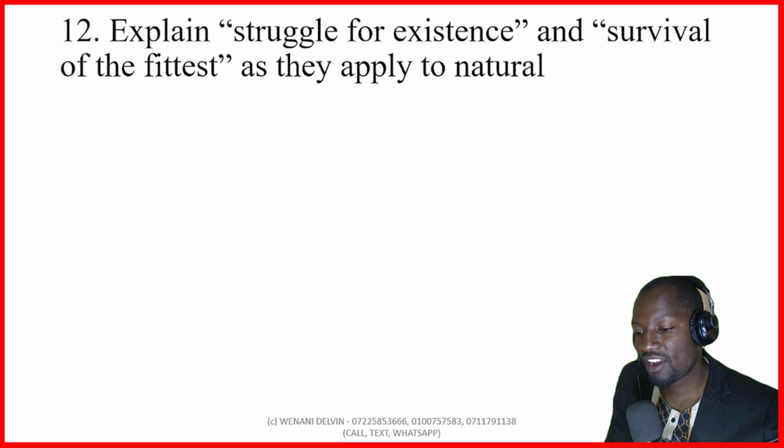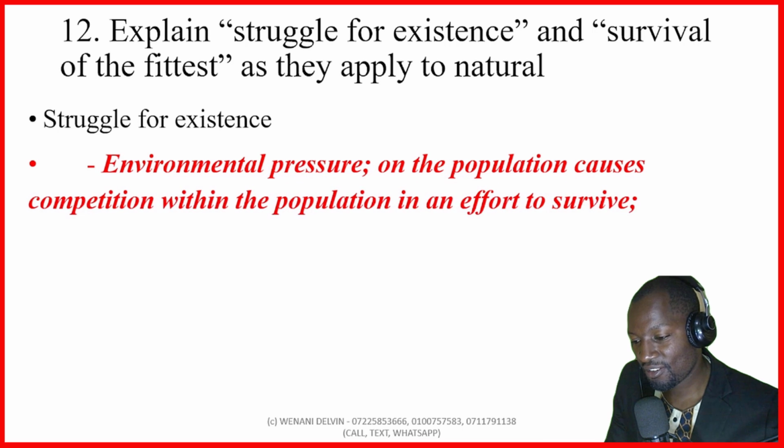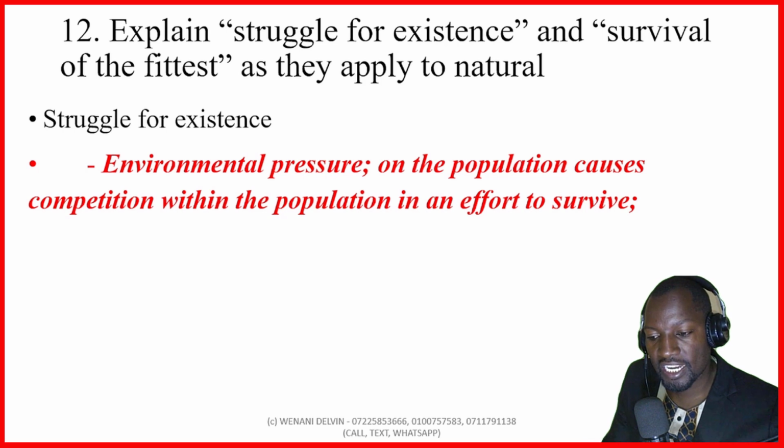Explain struggle for existence and survival of the fittest as they apply to natural selection. Number one, struggle for existence. It doesn't look the way it is that we struggle to exist, but this is where the environmental pressure on the population causes competition within the population in an effort to do what?